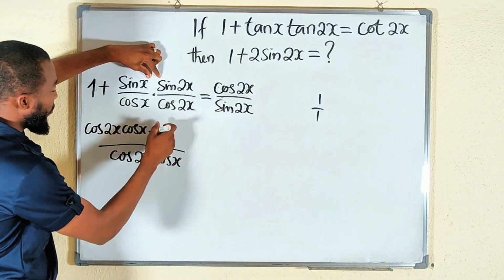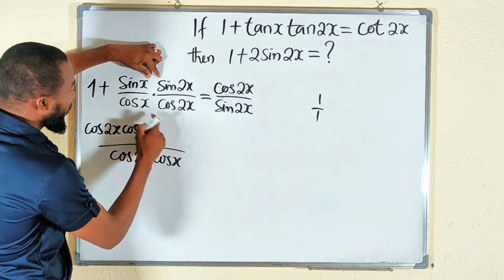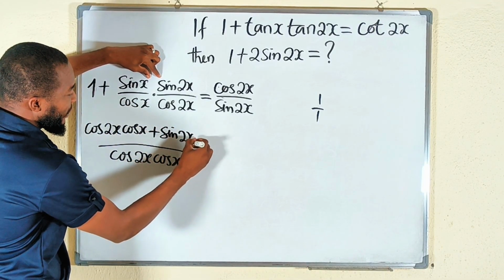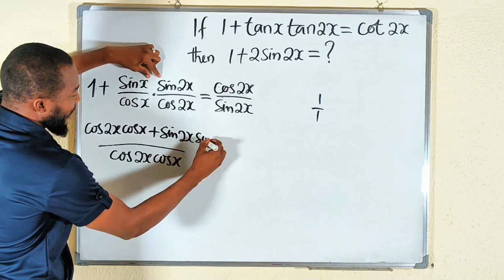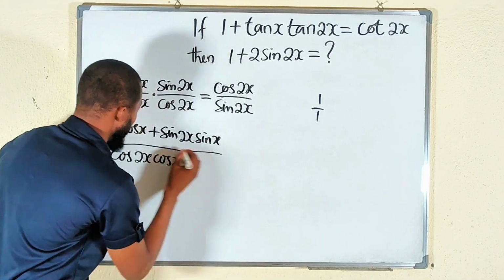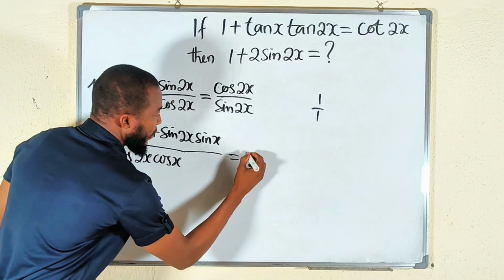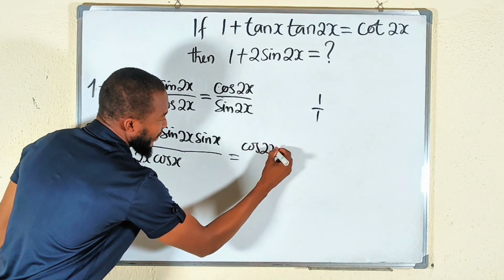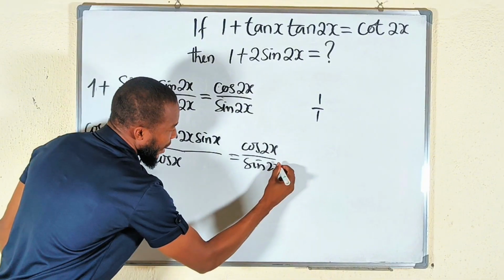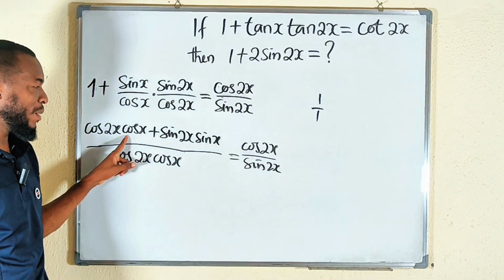They are exactly the same, right? We have sine of 2x, then sine of x. All right. This is equal to cosine of 2x divided by sine of 2x. But what can you remember about this one?